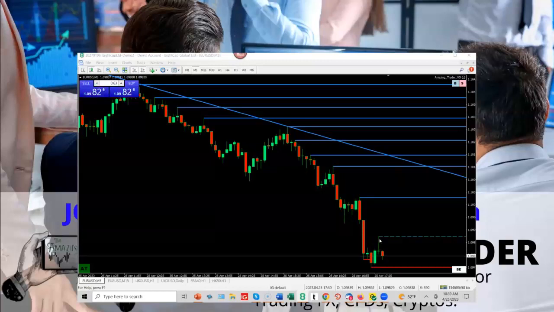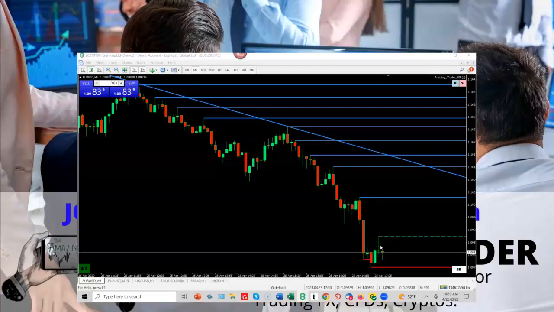This is often an indication that there were many stops run and a failure if it comes back within the body. So when you look at candles, and I've never used to trade candles, you'll often see these relatively long wicks with a small body, similar here, which tells you there's no follow through on that move.